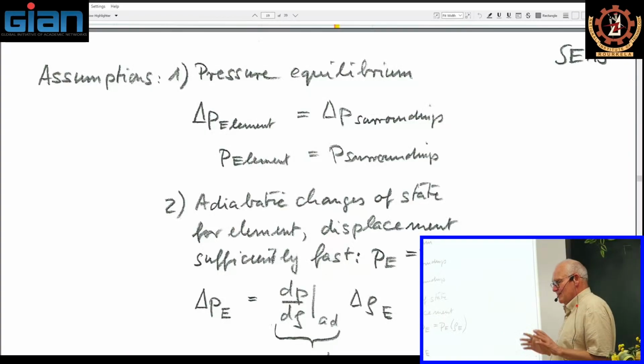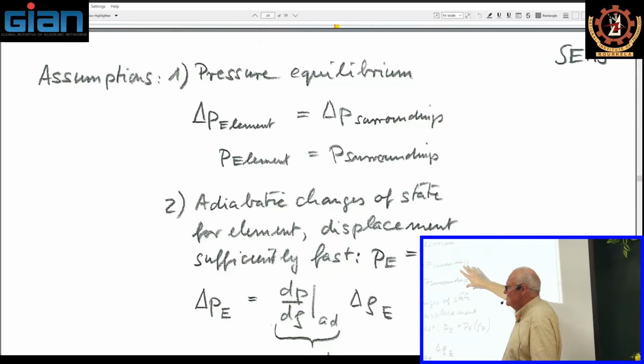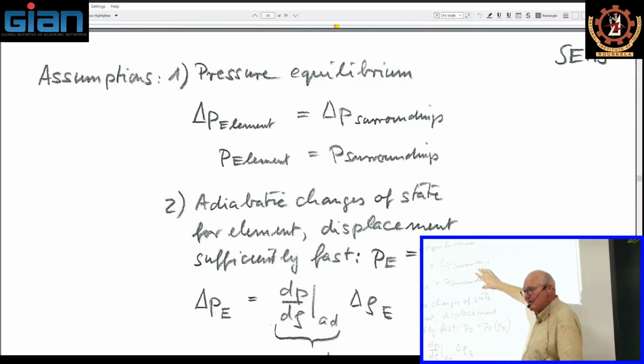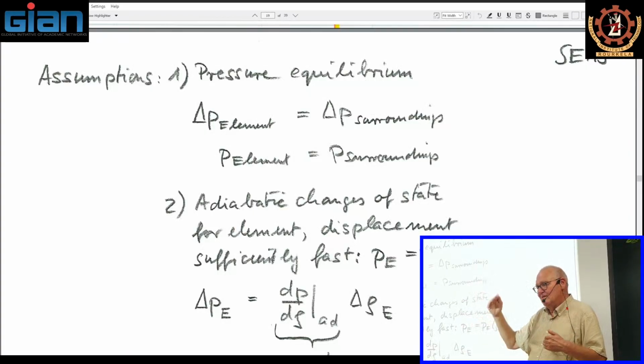But you have to keep in mind: here you have to be slow compared to the mechanical time scale, and here you have to be fast with respect to the thermal time scale. There may be no gap between these conditions, and then your theory fails. But this is only valid if there is a gap between the mechanical timescale and the thermal timescale.